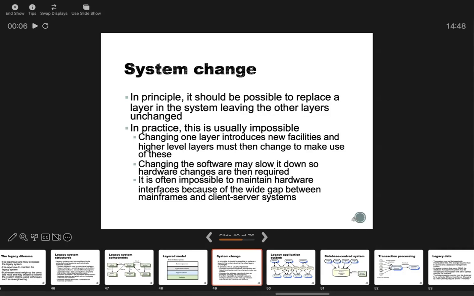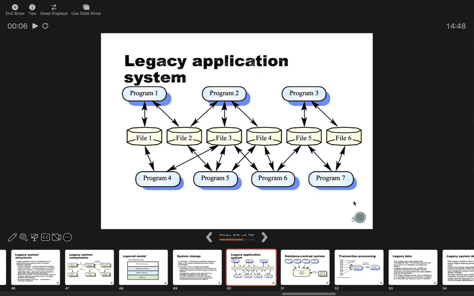So changing the software may slow it down. Changing hardware may also require changes. It is often impossible to maintain the hardware because it has different interfaces. These interfaces might be different for a mainframe computer or maybe client-server systems.